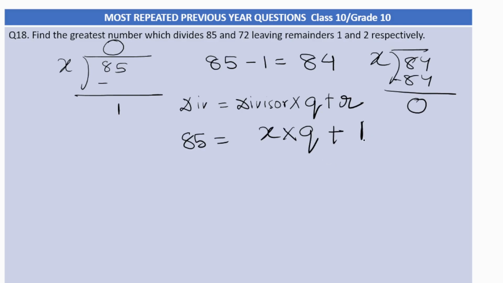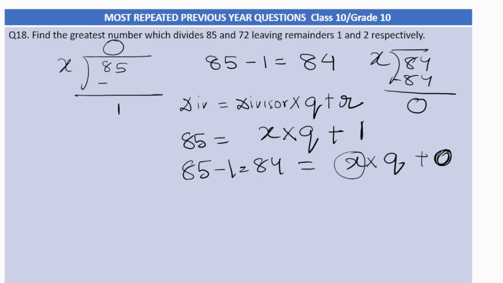If I take this 1 to the other side, it will be 85 minus 1, which is equal to 84. And what remains on the right hand side is x into q, means divisor into quotient, with no remainder. 84 is fully divisible by this divisor x.